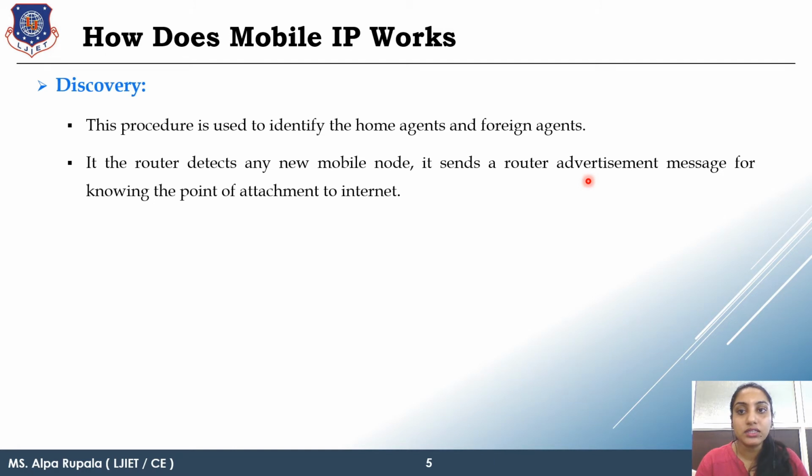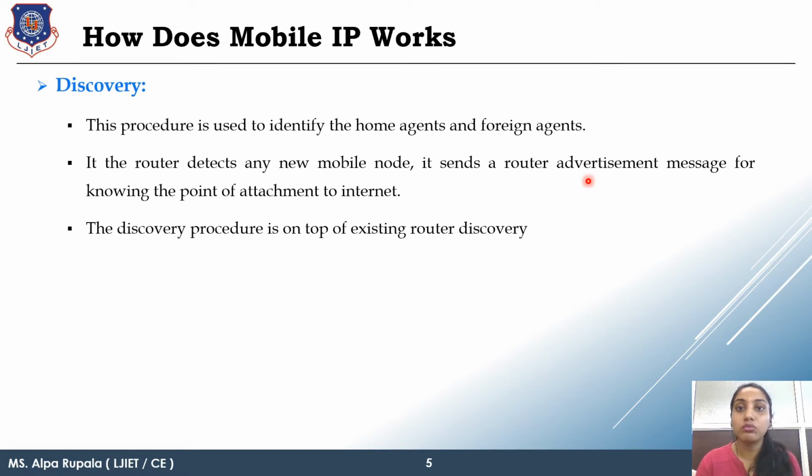So ultimately, the discovery process is to find out whether the newly arrived node is a home node or a foreign node. If it is a home node, then the router does nothing.